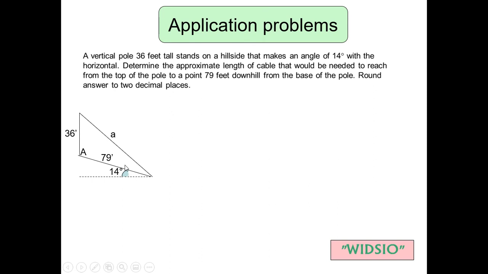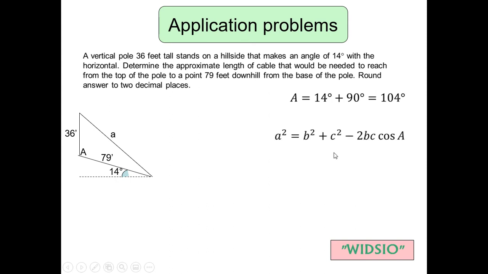Well, if this is 14 degrees, then this angle would be 90 degrees, and this angle would be 180 minus 90 minus 14. So this angle A we could calculate would be 14 plus 90 and would give us 104 degrees.